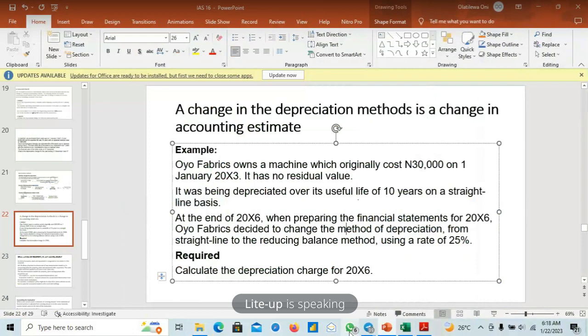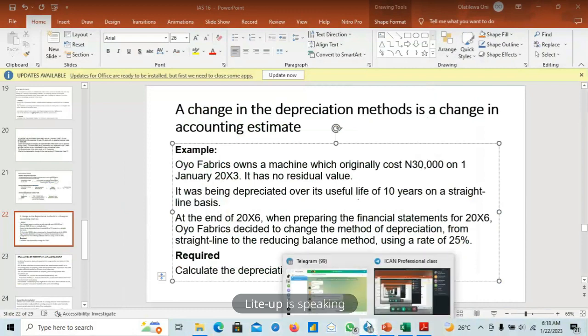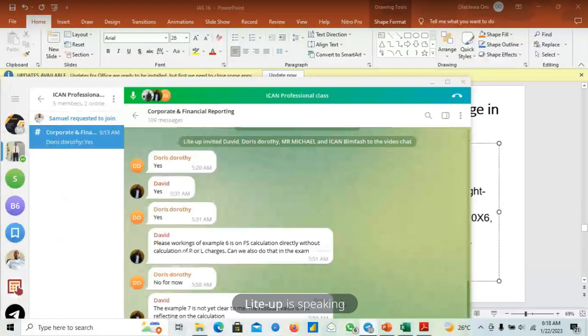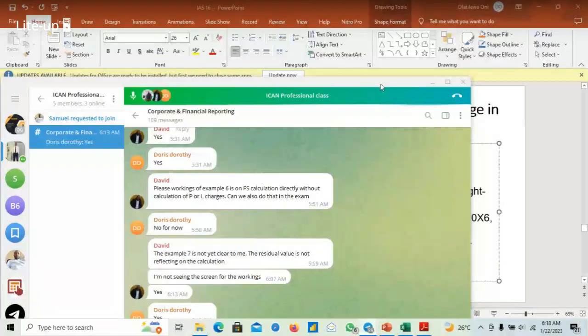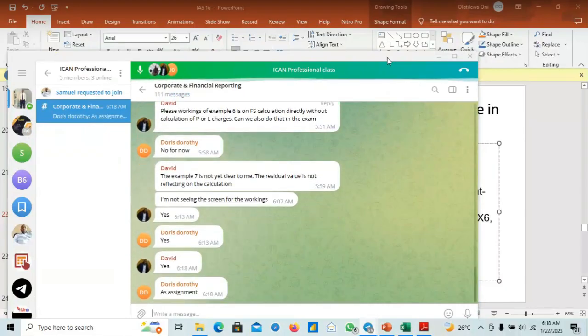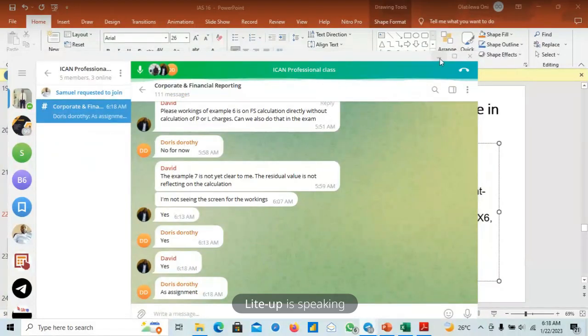Can you possibly work on this, or should I give it to you as an assignment? I'm not seeing your responses in the chat. Hello, are you there? Okay, someone is typing. All right, I should give it to you as an assignment.